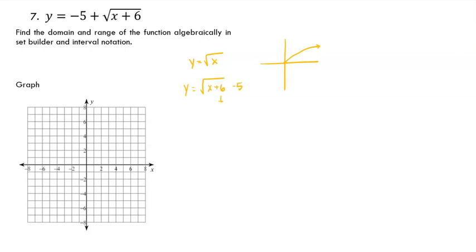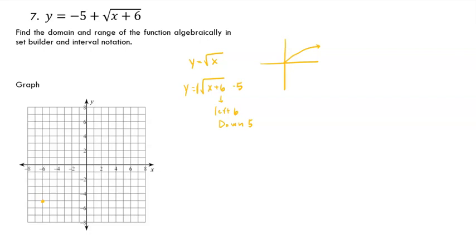Based on this, it went left 6 and down 5. So left 6 and down 5 right here. That's our starting point.